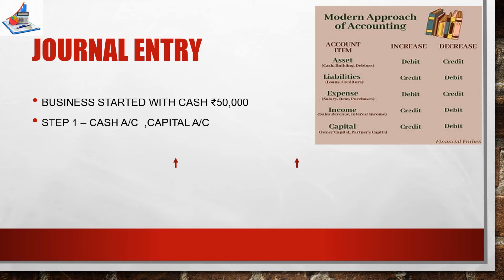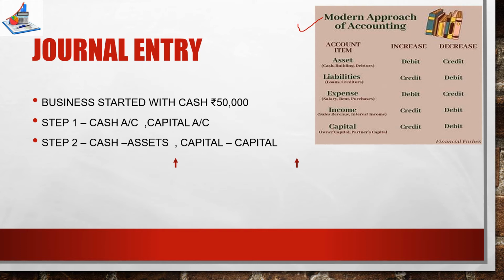First is cash account, second is capital account. Second step, students, what is it? Yes, to know the nature of the account. Cash account is what by nature? It's an asset. And capital is what? It's capital only.